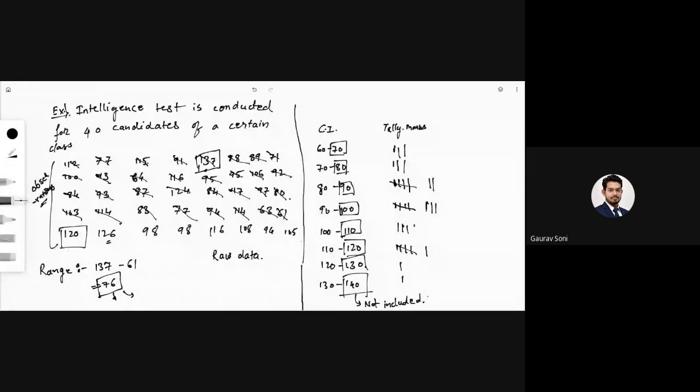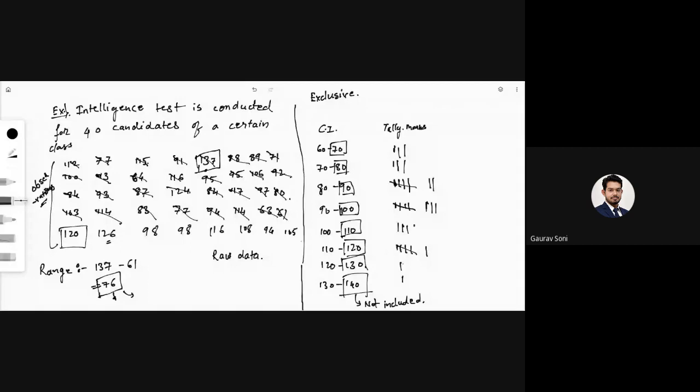Such a distribution is the exclusive type, because the upper limit is excluded. In distributions where the upper limit is included, it is called the inclusive type of distribution. Very good.